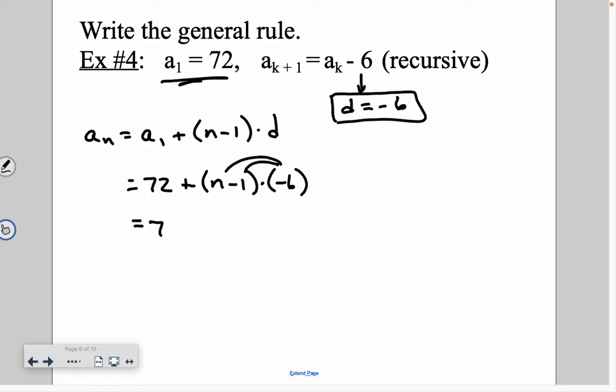So we get 72 minus 6n plus 6, which, when we then clean this up, means the explicit formula that goes with this sequence is going to end up being negative 6n plus 78.